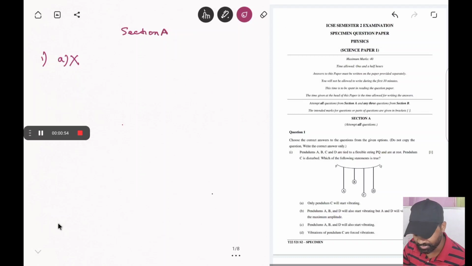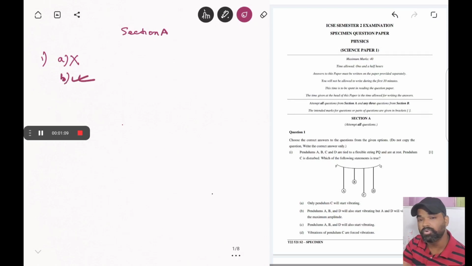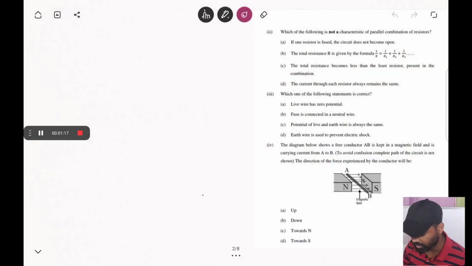No. Option B, pendulum A, B and D will also start vibrating, but A and D will vibrate with the maximum amplitude. Yes, that's my correct answer. Due to resonance, because they are of the same length, isn't it? Option C and D I'm not looking at. So option B is my correct option.